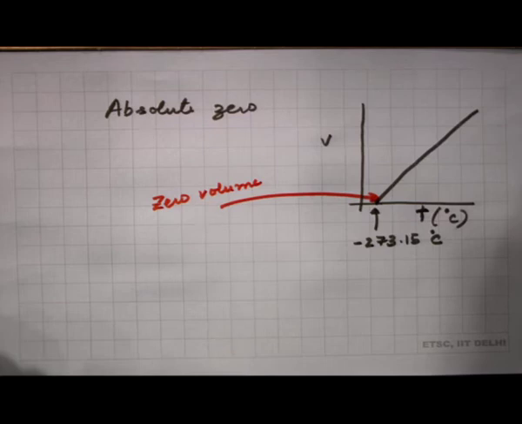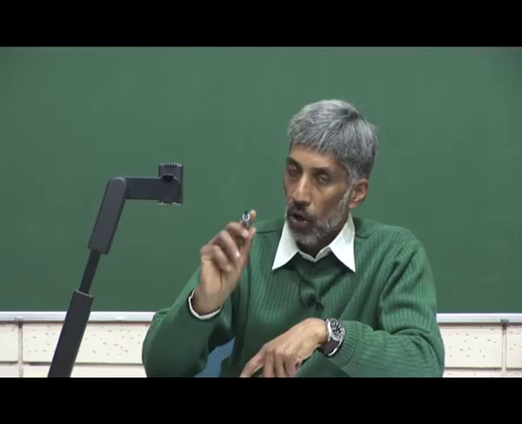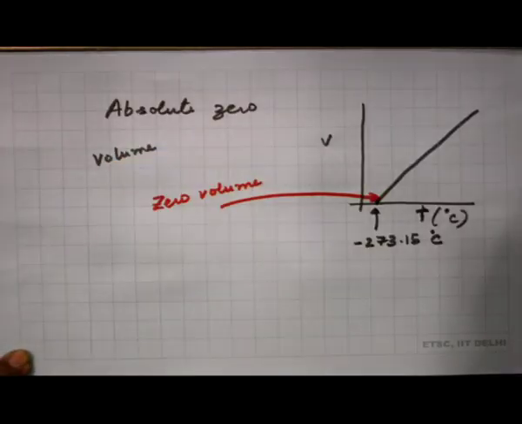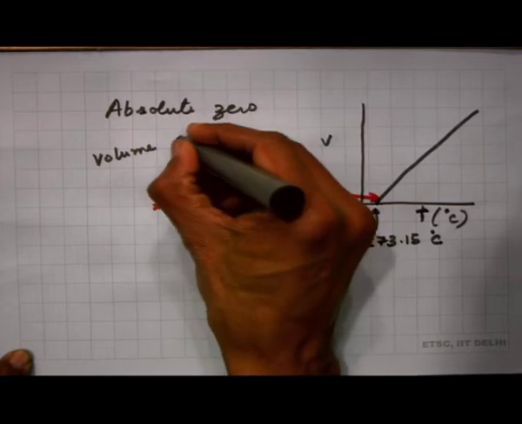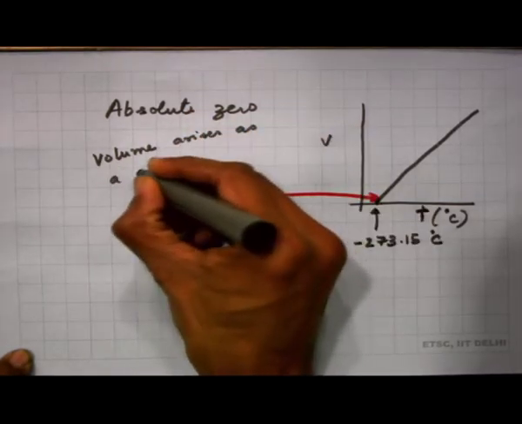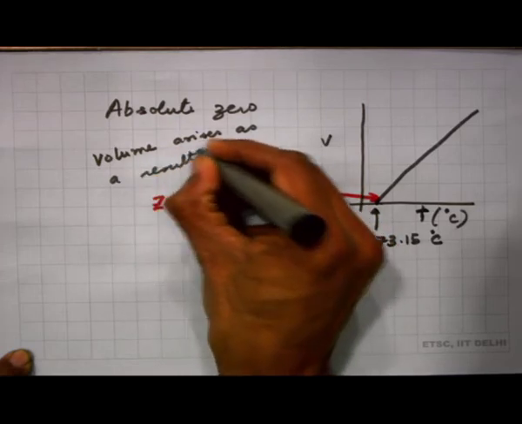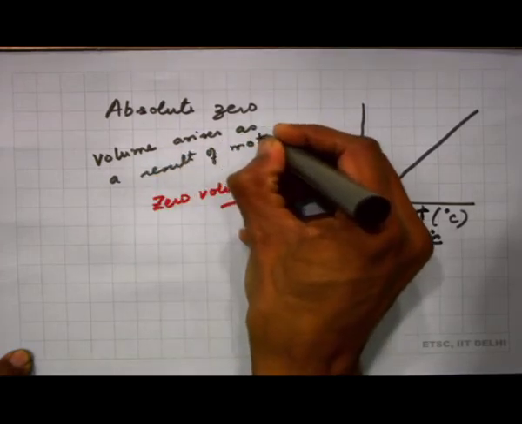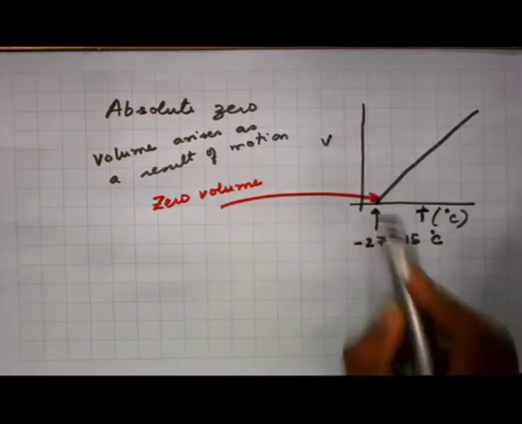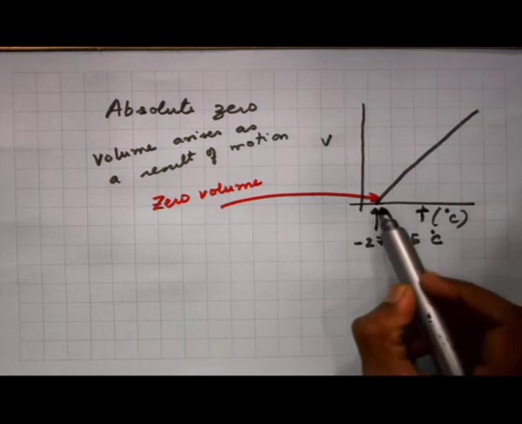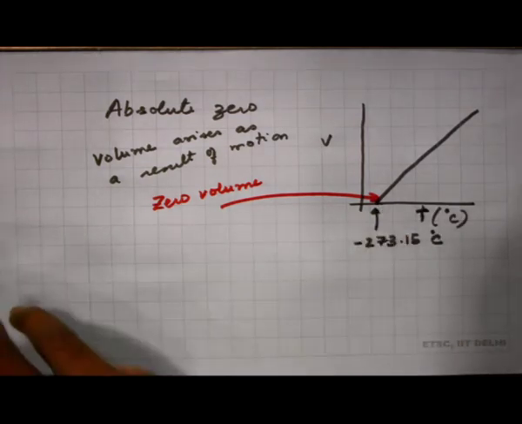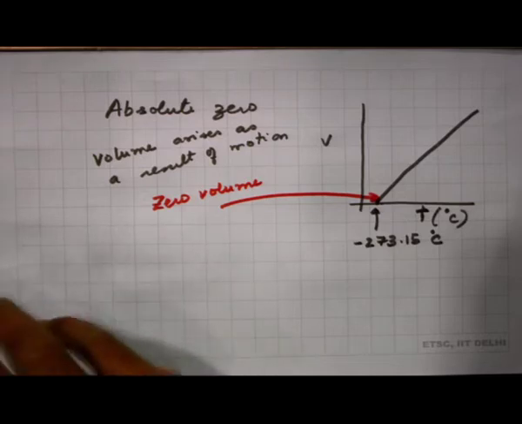And according to the kinetic theory, what we are saying is all the volume that a gas occupies arises as a result of motion. And at this temperature, from Gay-Lussac's law, the volume goes to 0, and we know physically that the volume cannot be negative.